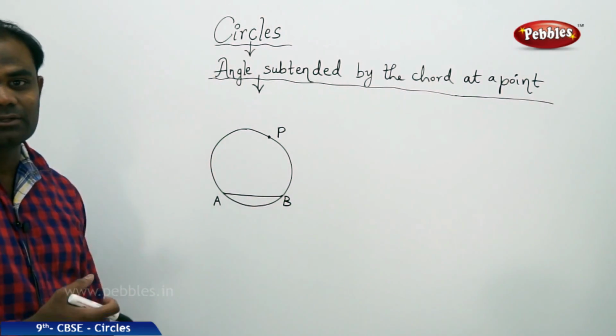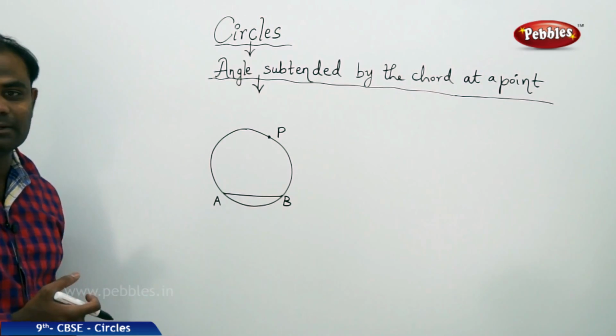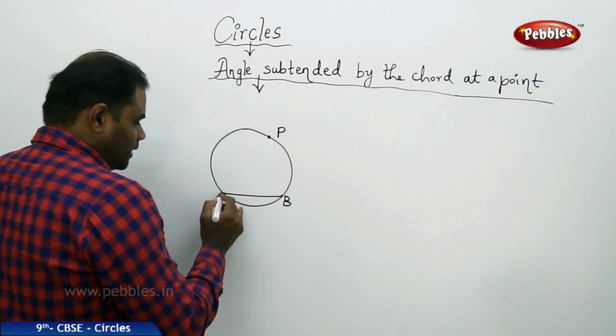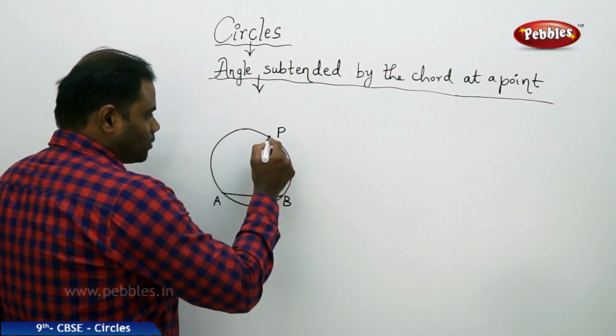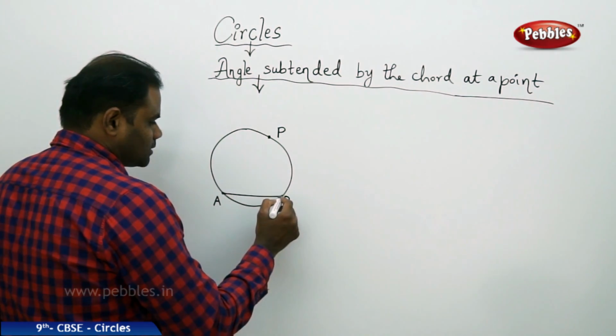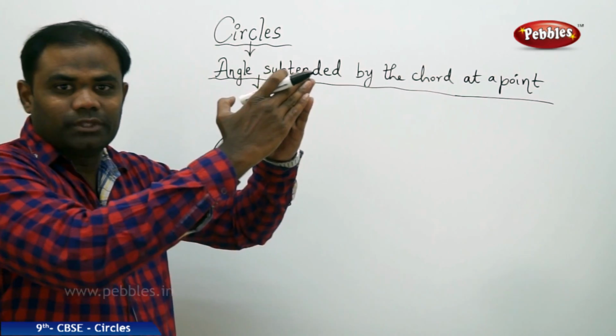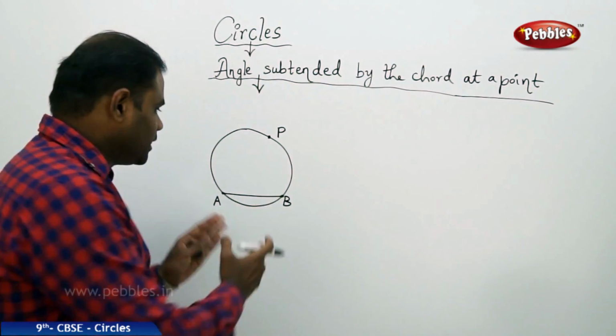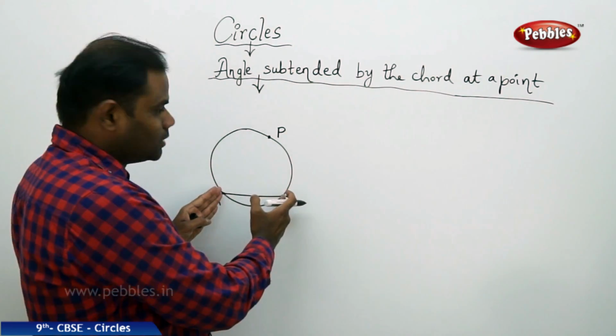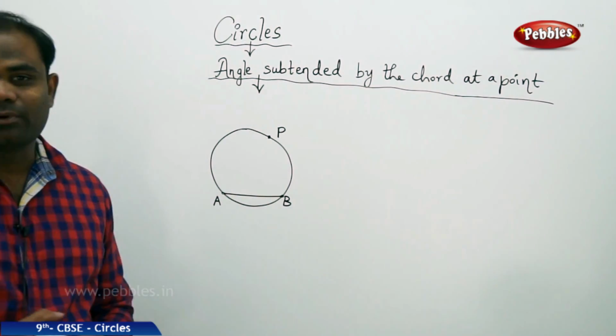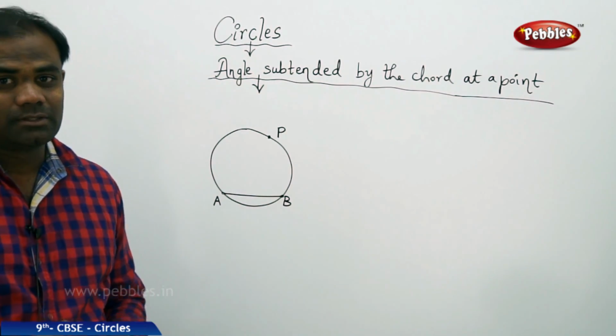So let's understand the concept through this circle diagram. As we have the chord AB out here and the point P, this chord makes an angle with point P. The endpoints A and B of the chord make some angle with the point P. Let's see how.